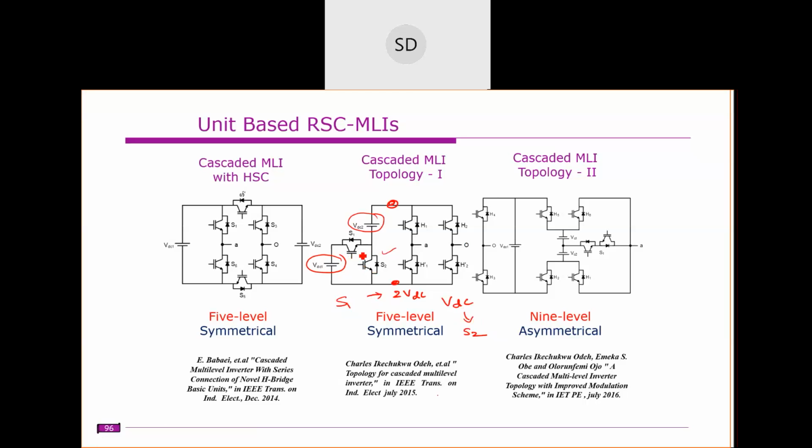Can you get 0 voltage with this structure?